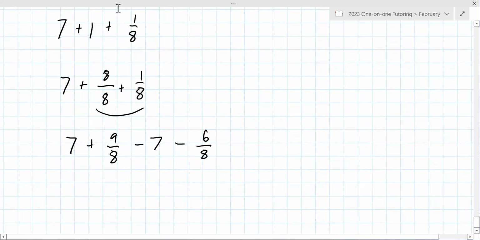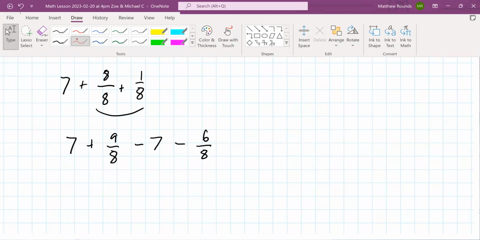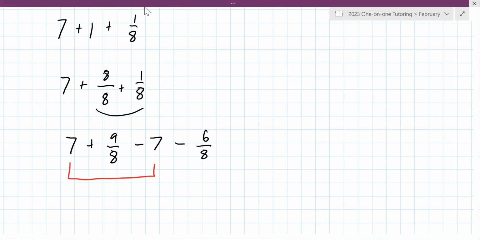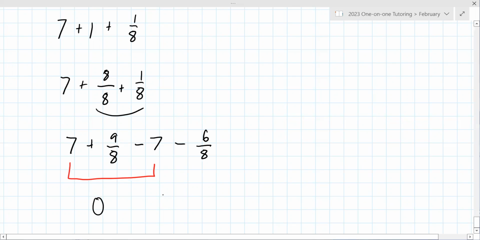Well, we're now going to match up the whole numbers. See how the 7 and the 7 match up? What does that add up to? 0. And then what is 9/8 minus 6/8?